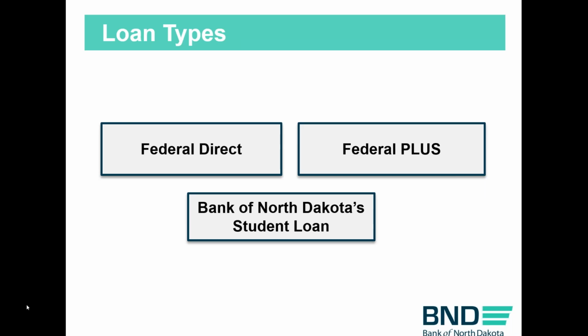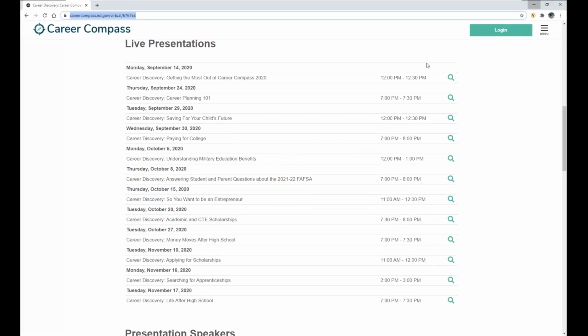And a North Dakota student is able to apply for a loan and take it anywhere with them. So it doesn't matter if they stay in North Dakota, if they go to Minnesota, or if they go to Hawaii. North Dakota residents are able to take this student loan wherever they would like.